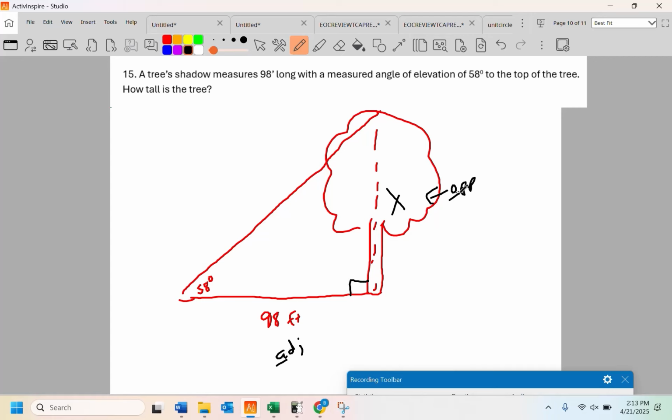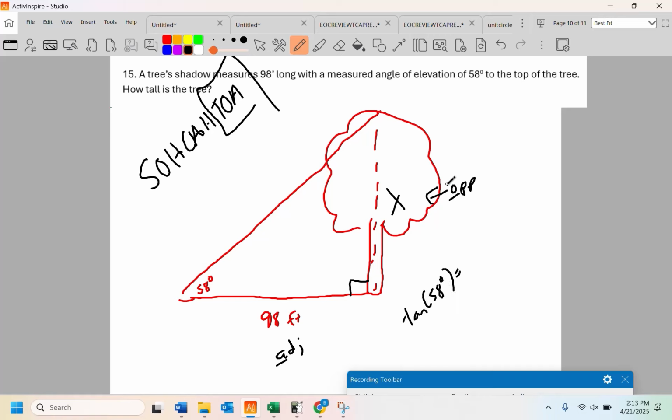But anyways, I have the O and I have the A, and by God, I can spell a word that doesn't exist called SOHCAHTOA, an acronym, sorry, and it must be the TOA. So the tangent of 58 degrees must equal opposite over adjacent, x over 98. I multiply both sides by 98, and I have an answer as soon as I'm willing to push buttons in a TI-84.